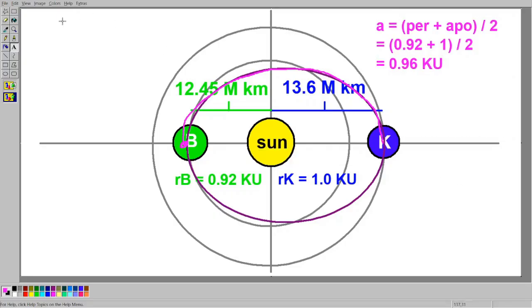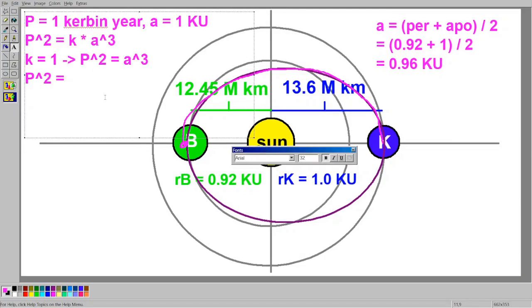Right. So now I can finally put this back. So p squared is equal to a cubed. What is a? The semi-major axis of the Hohmann transfer orbit, which is 0.96 Kerbin units, and then cube that. Let me just calculate that. So 0.96 cubed is 0.884736. I could probably just round it.